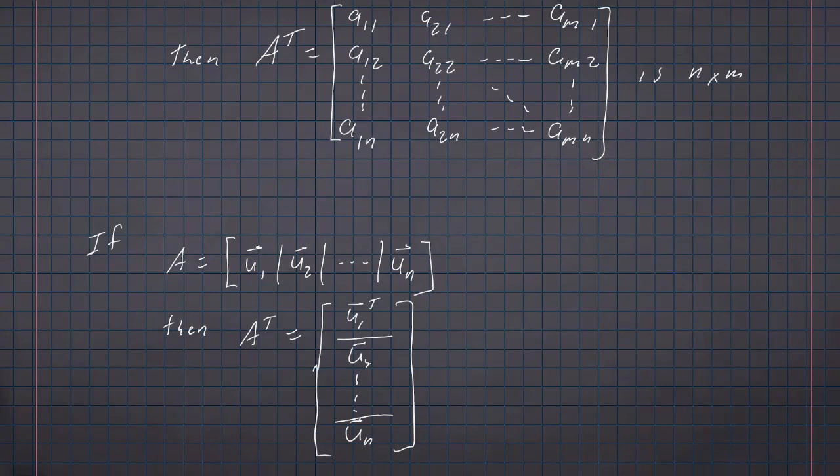So we can take a matrix described using column vectors and turn it into a matrix described using row vectors. We can actually use the same process to take a matrix described using row vectors and turn it into a matrix described using column vectors.